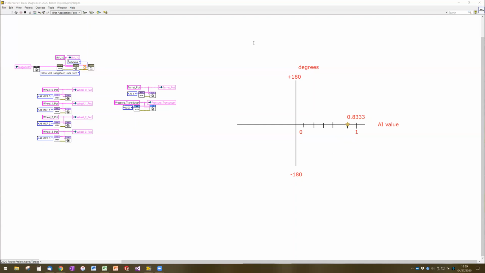Okay, so with that position known, then we sort of know what needs to happen here. We've got a line of a known slope, which is that we've got this conversion between degrees and the 0 to 1 units.